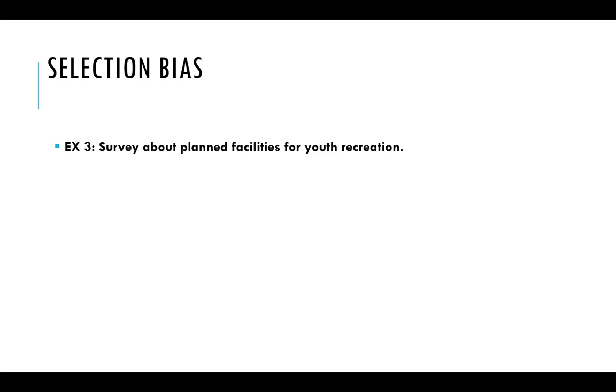For example, in my last example, let's say we are administering a local survey about planned facilities for youth recreation in our county. All right, well, who comes to mind here? Most likely important to people with kids, since we're talking about youth recreation. That means people with kids might be more likely to answer the survey. Okay, now if that's what you want, if you want to know the attitudes of people with kids, this might not be a problem.